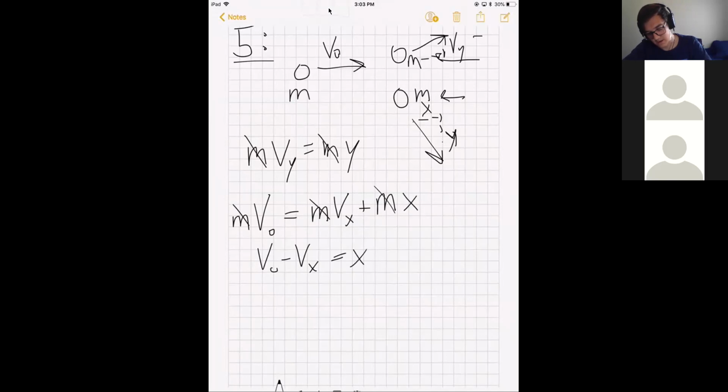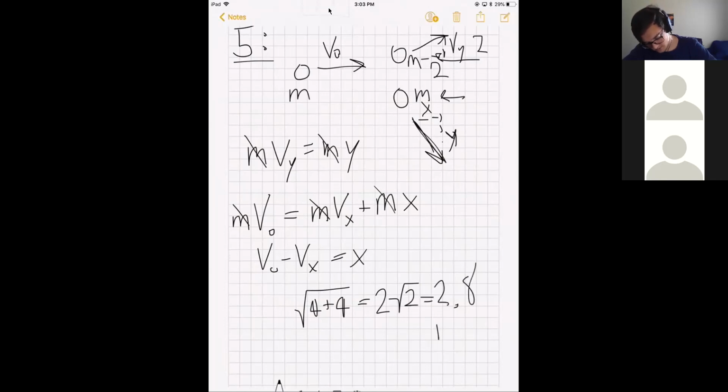Because they tell us that this is 2 and this is 2. So if we want to figure out the magnitude of this vector right here, it's going to be the square root of 4 plus 4. This is the Pythagorean theorem. 2 squared plus 2 squared, which is equal to 2 times the square root of 2, or 2.8, which is B.